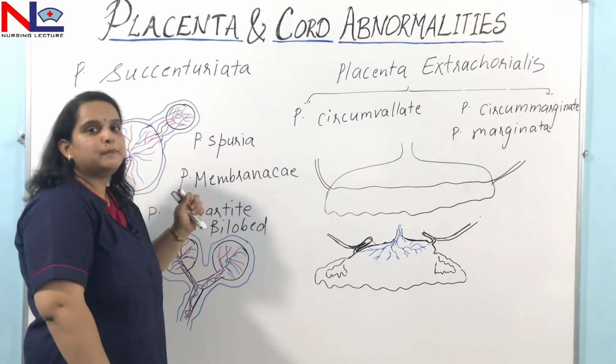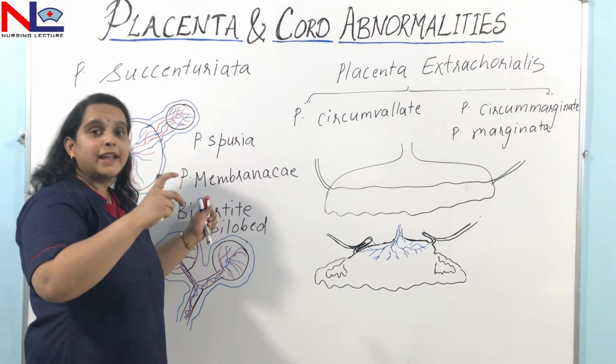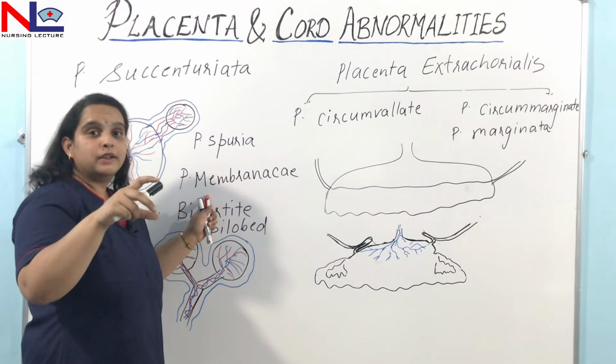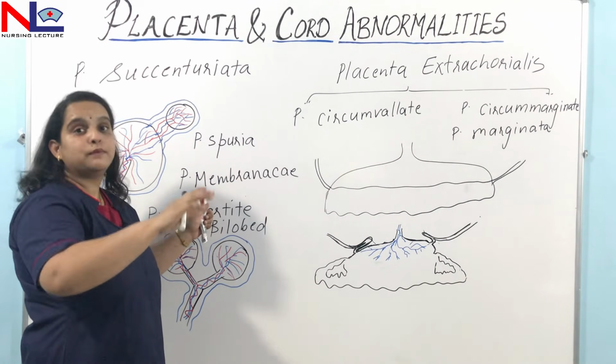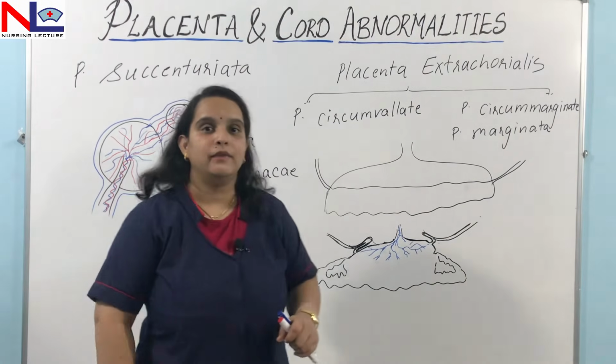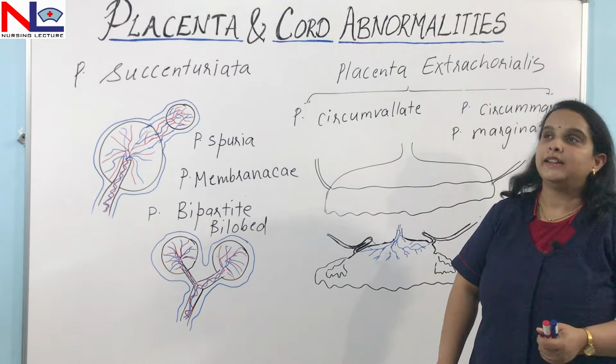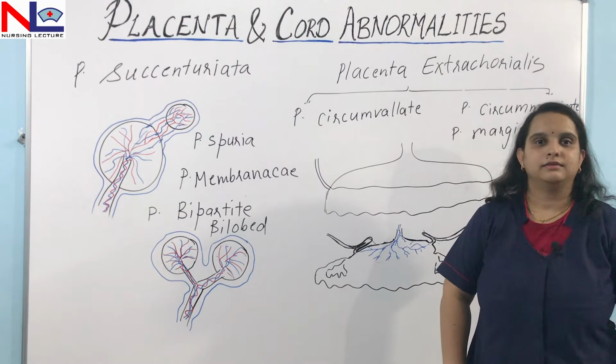And the third one is the placenta membranacea, because in this condition the villi lying over the chorionic leaf are also active. So this forms a large, thin placenta. We have seen the varieties of the placenta in this part, and in the next part we will be seeing the cord abnormalities. Thank you.